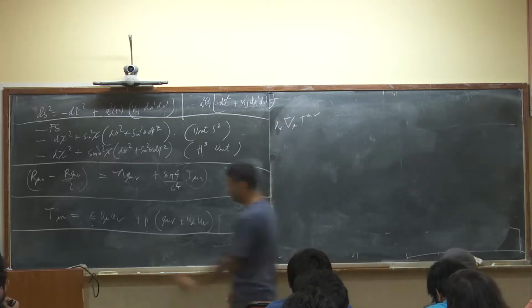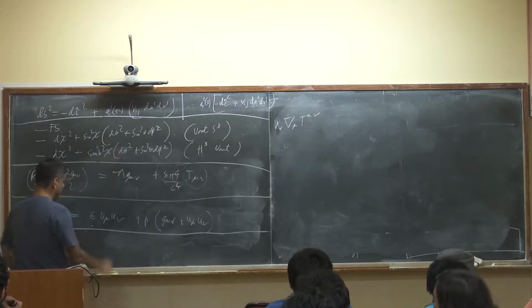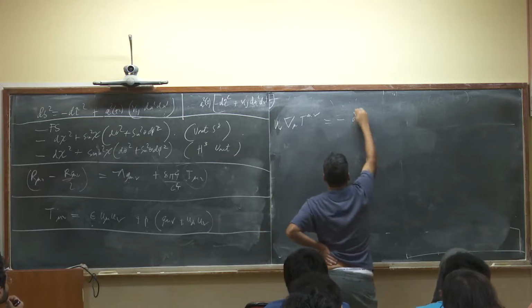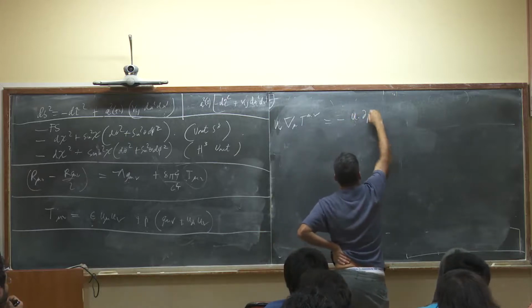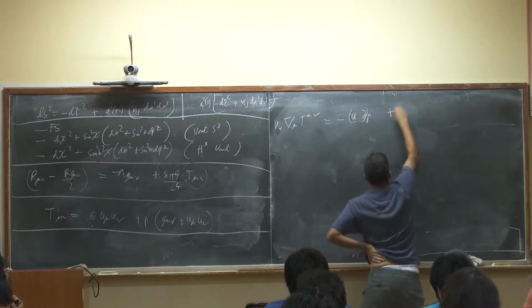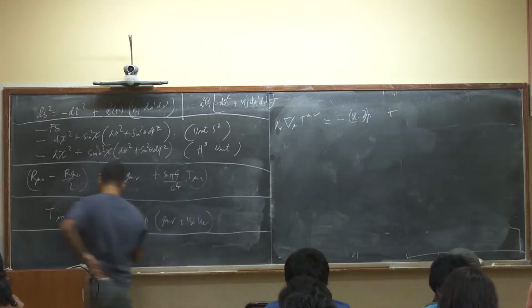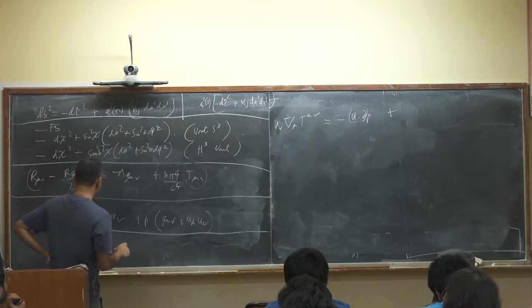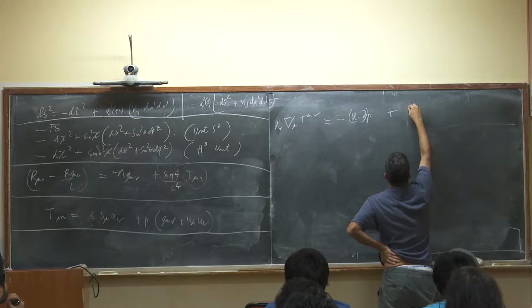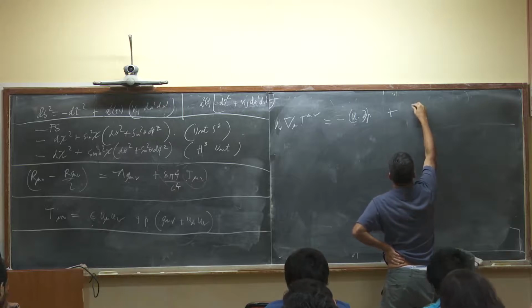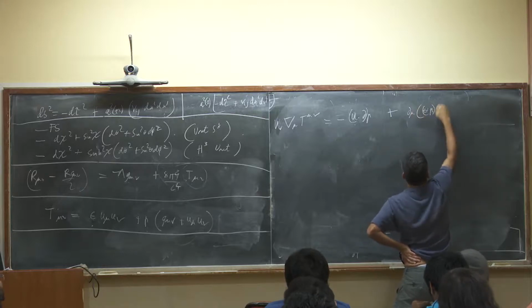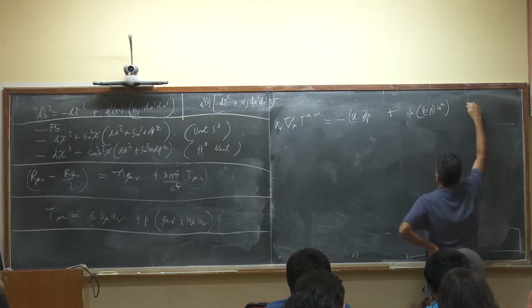Let me write it again as equal to minus u dot del of p plus del mu of (epsilon plus p) u mu is equal to 0.